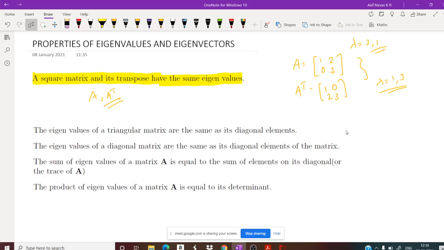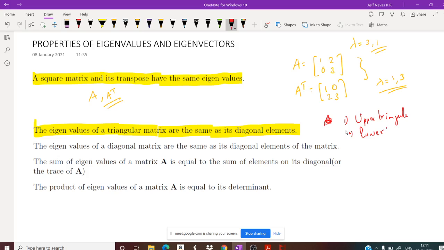Now the second property is that eigenvalues of a triangular matrix are the same as its diagonal elements. What do you mean by a triangular matrix? There are two types of triangular matrix: upper triangular and lower triangular.